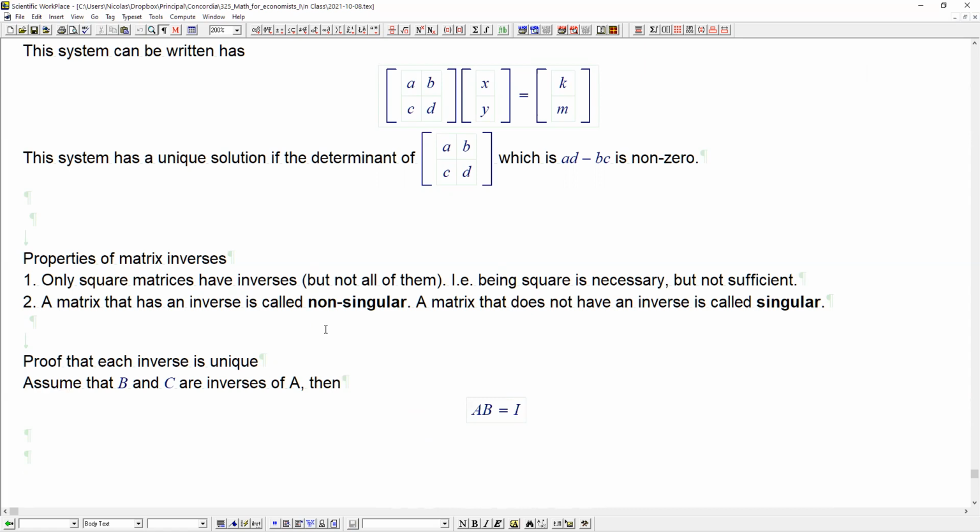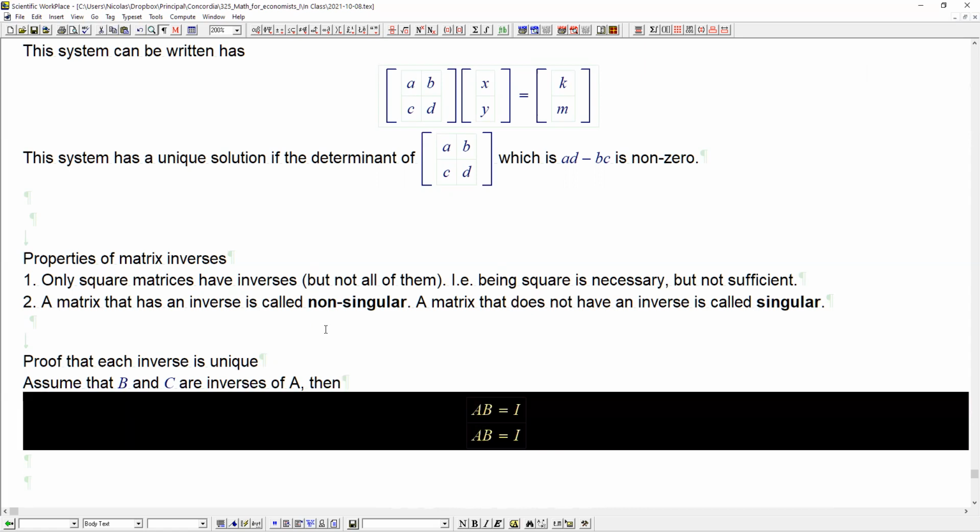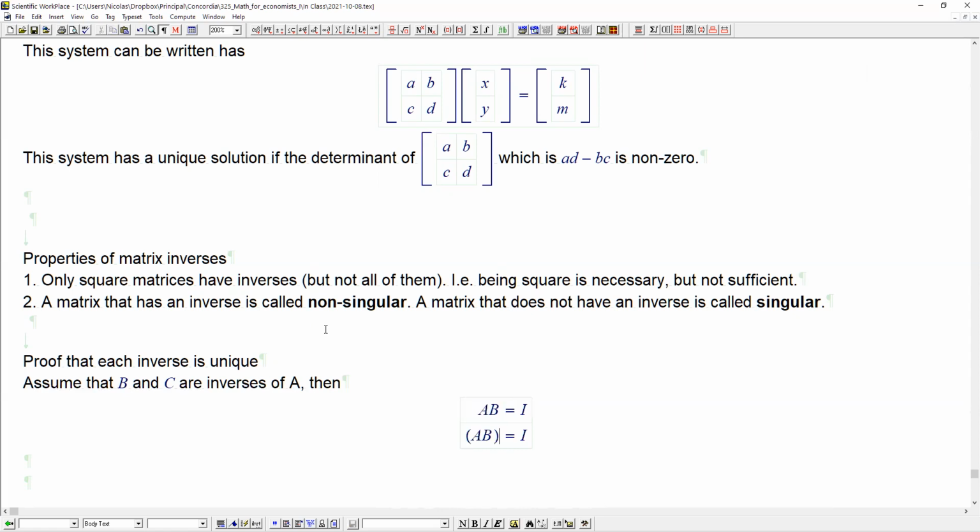So now let's pre-multiply by C on both sides. So I get C, which pre-multiplies AB, equals C, which pre-multiplies I. Since AB equals I, I'm allowed to do that.